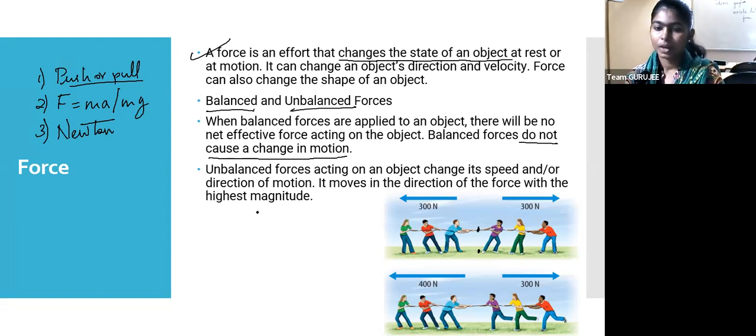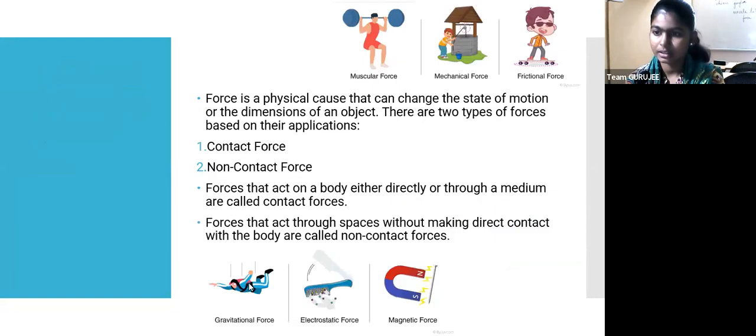So now, even inside this balanced and unbalanced forces, there is something called contact force and non-contact force, another type of variation in your forces. Force is a physical cause that can change the state of motion or the dimension of an object.